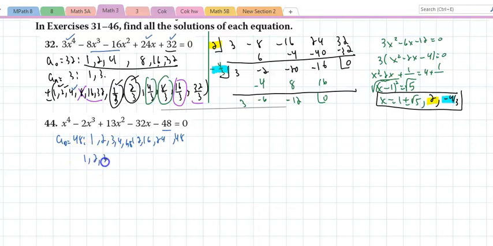So 1, 2, 3, 4, 6, 8, 12, 16, 24, and 48. Good news, they're all integers.